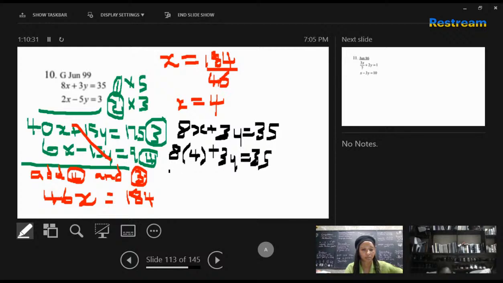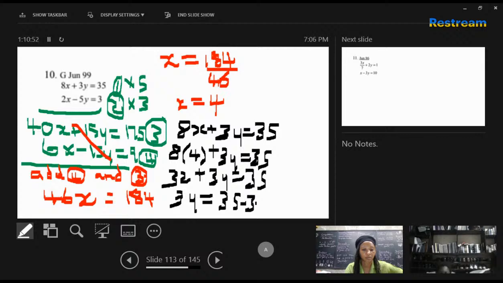So 32 plus 3y is equal to 35. We bring over the 32, so 3y is equal to 35 minus 32, and that would be 3. So 3y is equal to 3. Divide both sides by 3, so y is equal to 1.